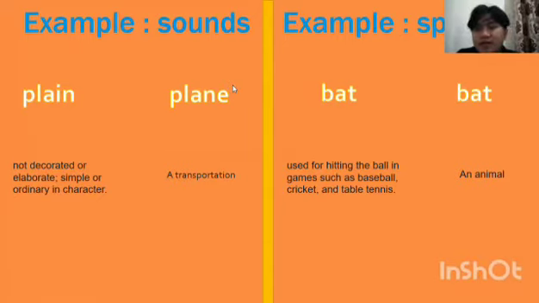And the second, bat, is a nocturnal animal that lives at night.